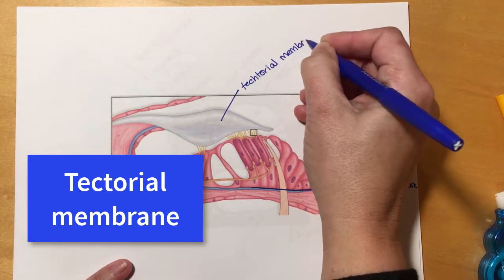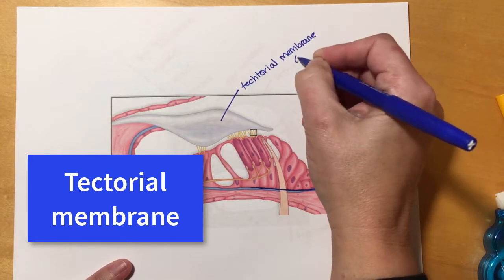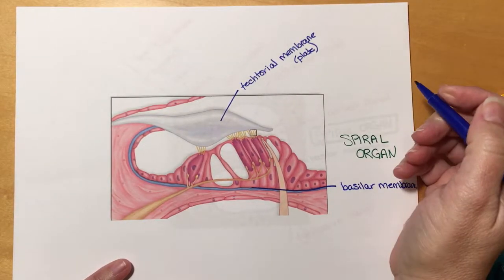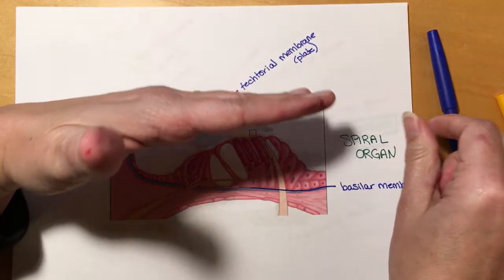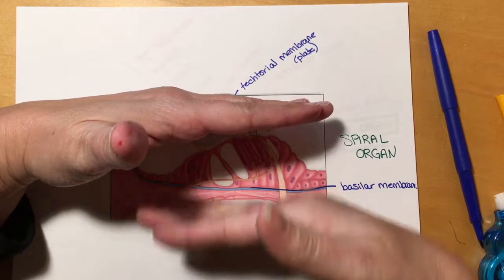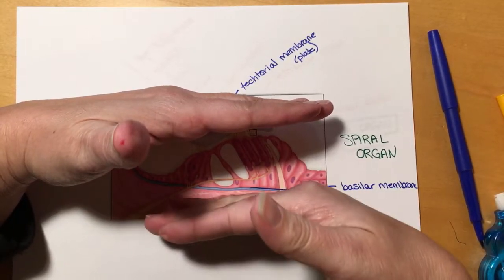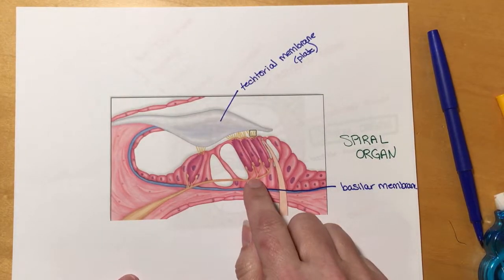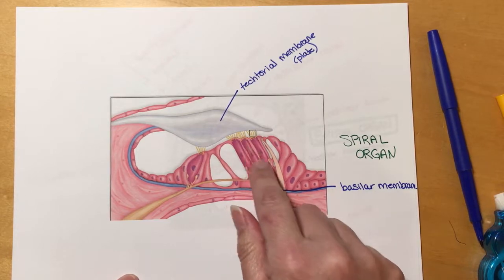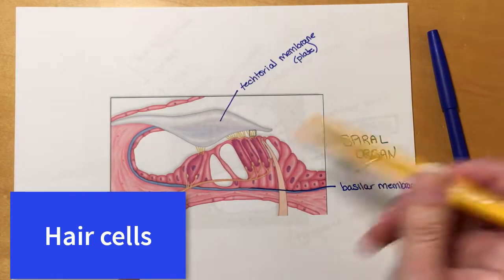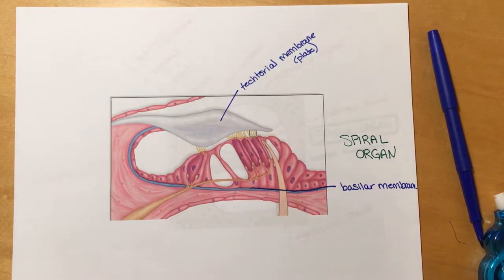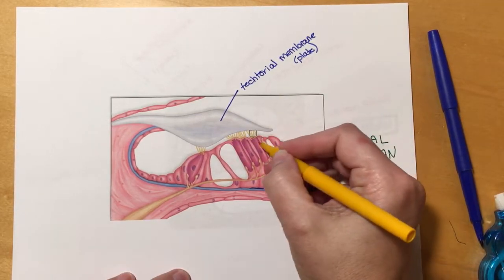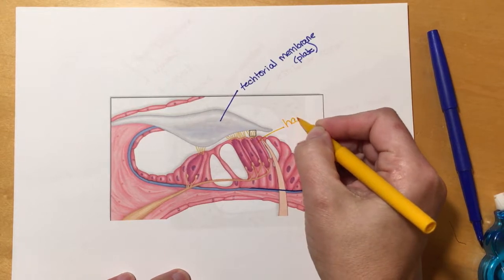Sometimes people call it the tectorial plate, because the one thing it doesn't do is move. So the tectorial plate is pretty solid, and the basilar membrane is moving up and down in relation to it. And sitting on the basilar membrane are these hairs, and you can see that they've got these little teeny hairs coming off of them, and that makes sense because these are actually called hair cells.